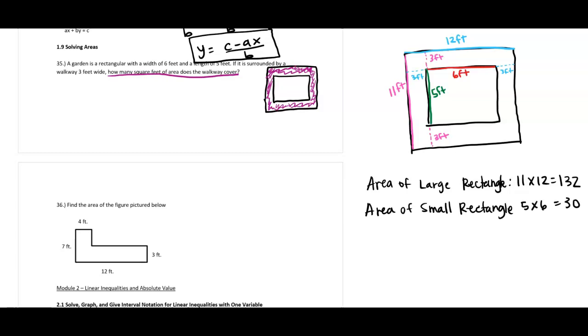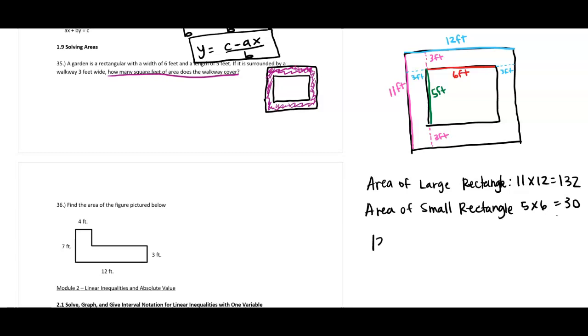All right, so let's think about this. If I know the area of the whole thing and I subtract off the area of that small rectangle, what I would have left is what I squiggled in here in purple. So I need to subtract those from each other.